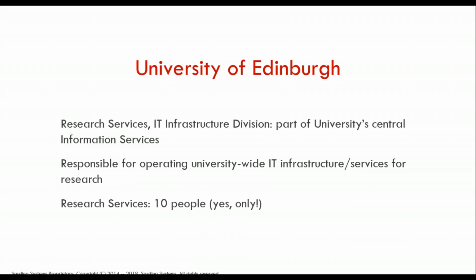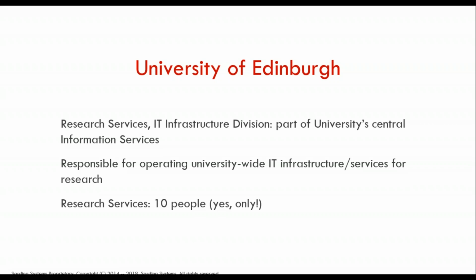But then when we look at the IT operation side of things, there is a part of the university's IT operation which is called research services. Research services is in turn part of IT infrastructure division, which then forms part of the university central information services operations.